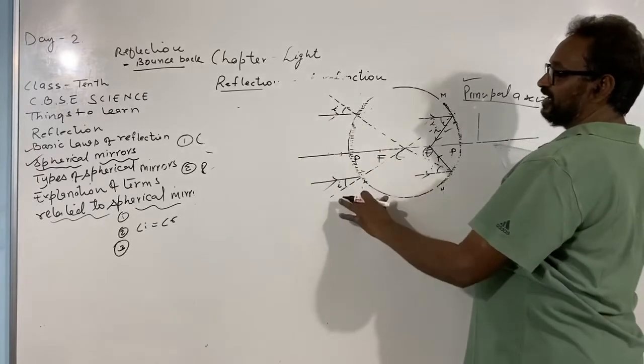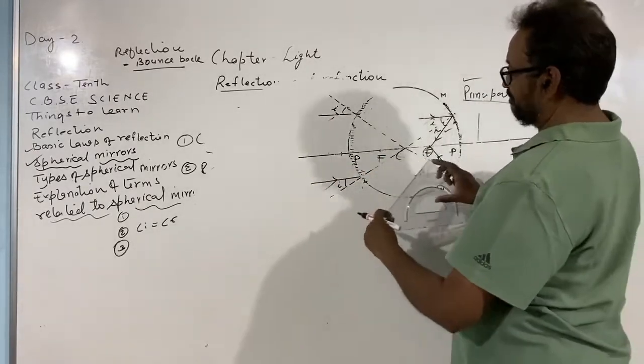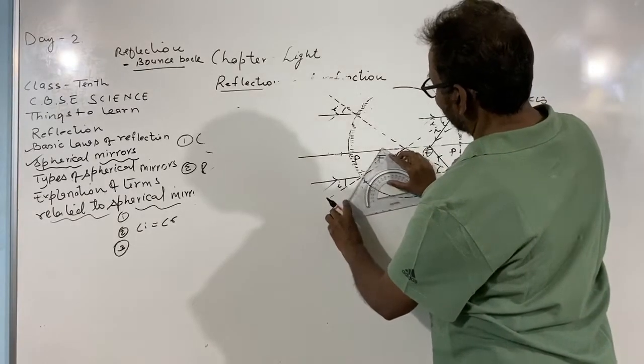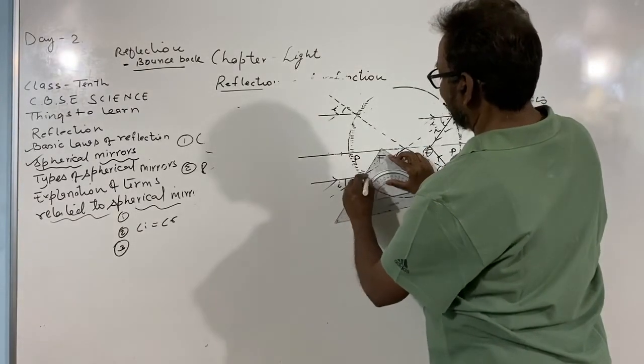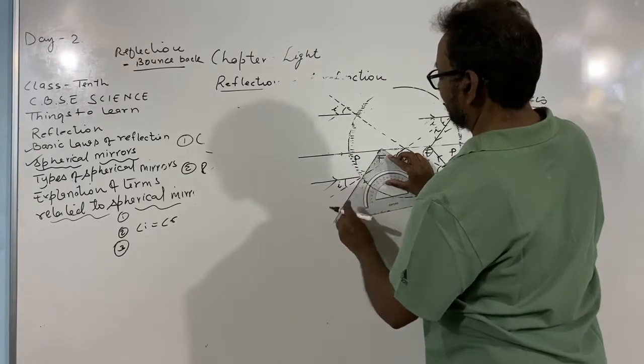After striking the mirror, these rays of light will be reflected such that the angle of incidence is equal to the angle of reflection.